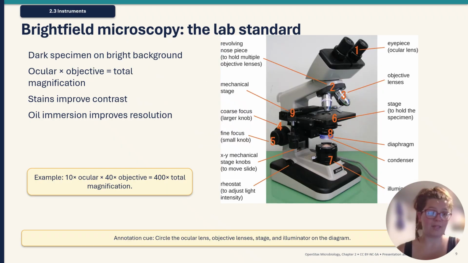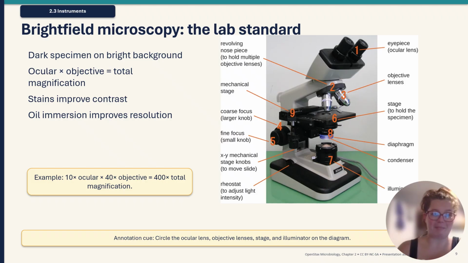All right, and then bright field microscopy, the lab standard. That's your average, everyday microscope, what you see now in labs. It's the most common. It uses visible light and produces a dark image on a bright background. The total magnification is very neat.